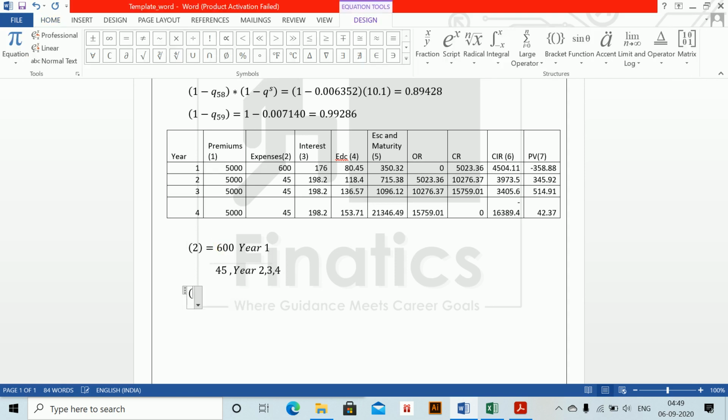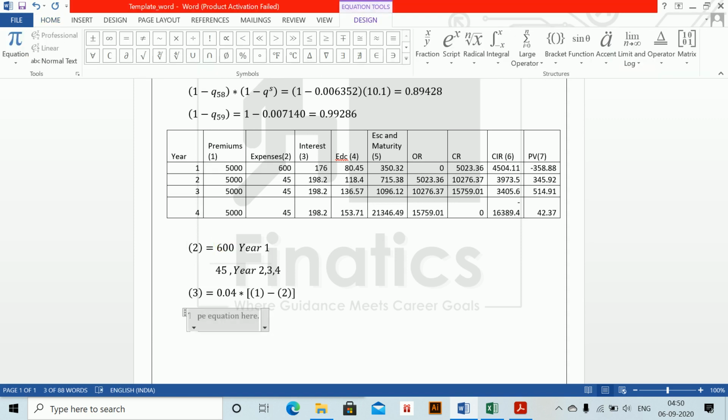Next, column 3 is equal to 0.04 into 1 plus 1 minus 2.